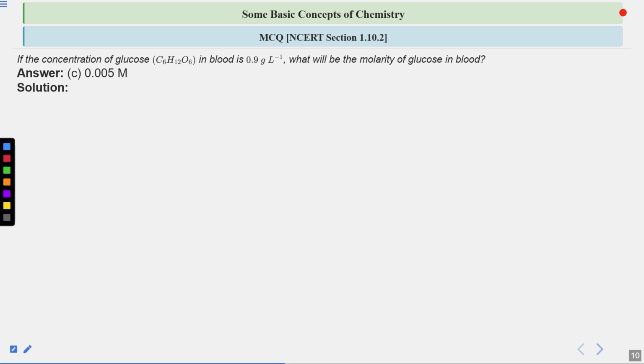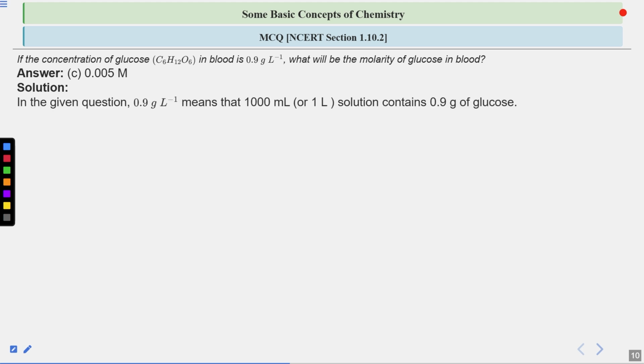Let us see the solution for it. So we can also say that if 0.9 gram per liter is the concentration, that means 1000 ml or 1 liter of the solution contains 0.9 gram of glucose. What is the molecular mass of glucose? It is 180 u, unified mass.